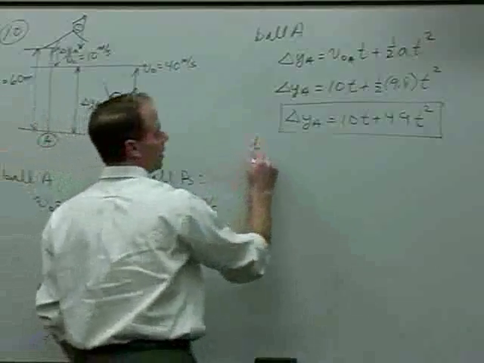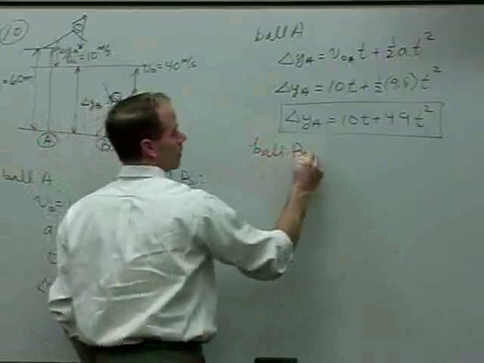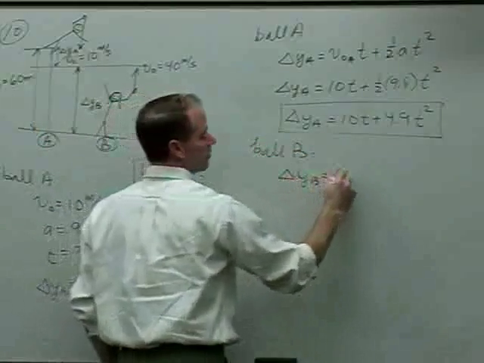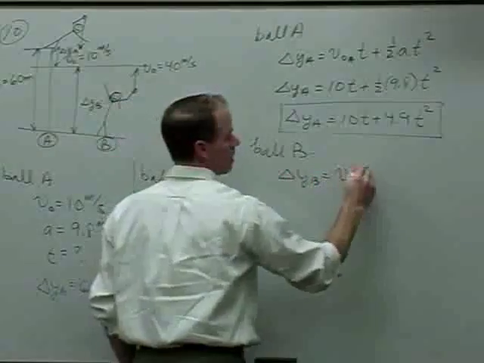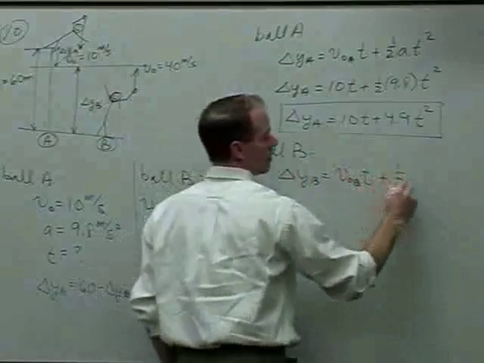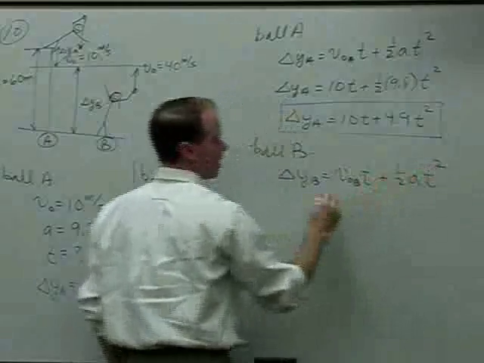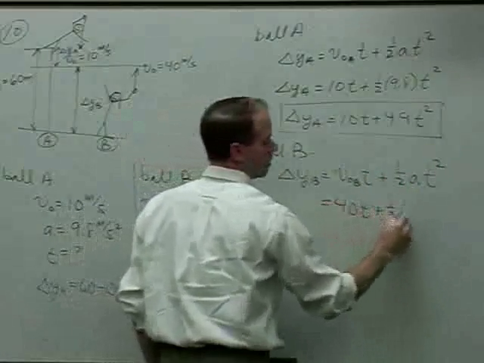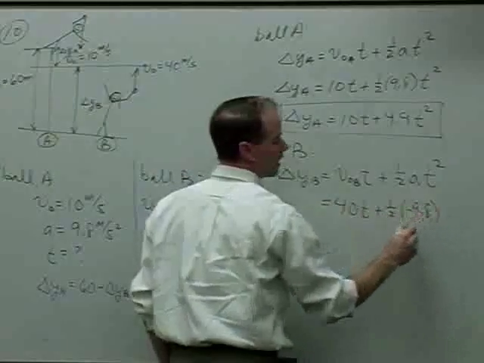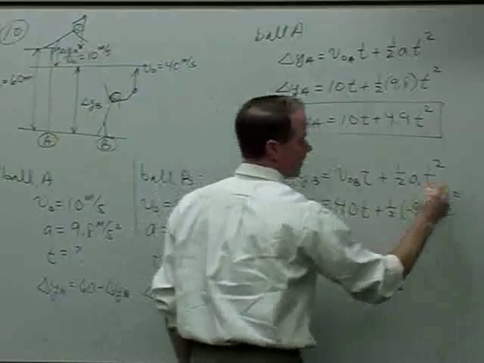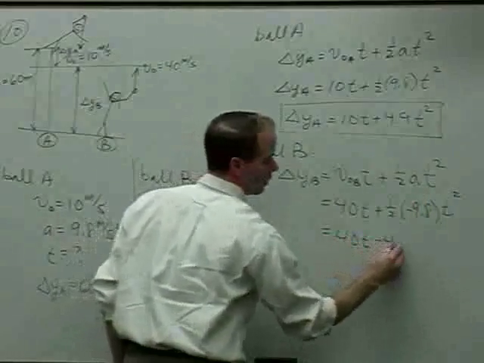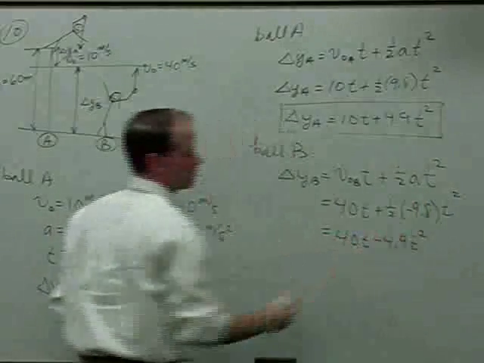I look at ball B, I would say delta YB is equal to initial velocity v times time plus 1/2 acceleration times time squared. 40 times t plus 1/2. For B, the acceleration was a negative 9.8. So this would be 40t minus 4.9 t squared.